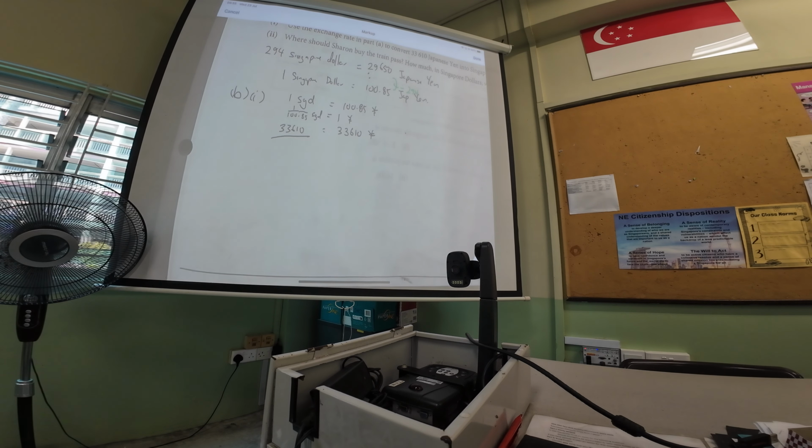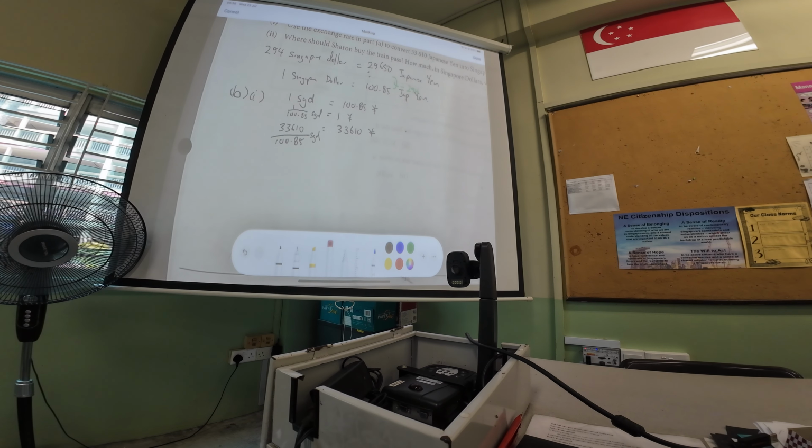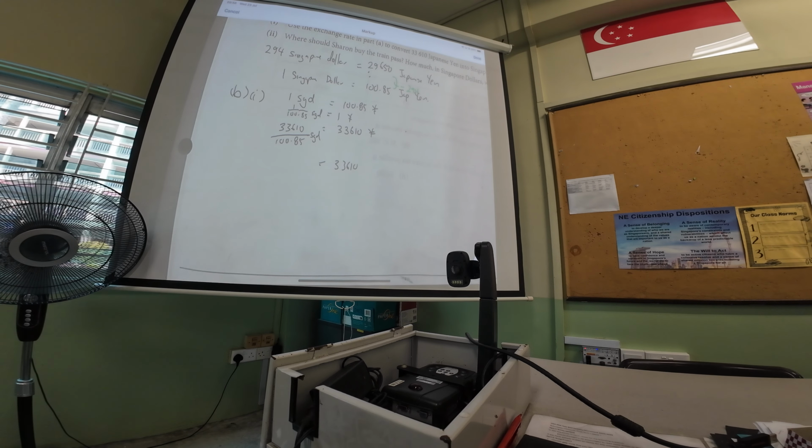Then I still have to divide it by 100.85. Then I don't write my equal sign here. I just continue it as an equation. 33610 yen is equal to, on the calculator, 33610 divided by 100.85.